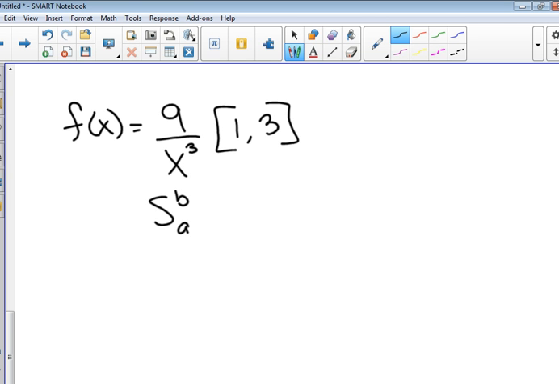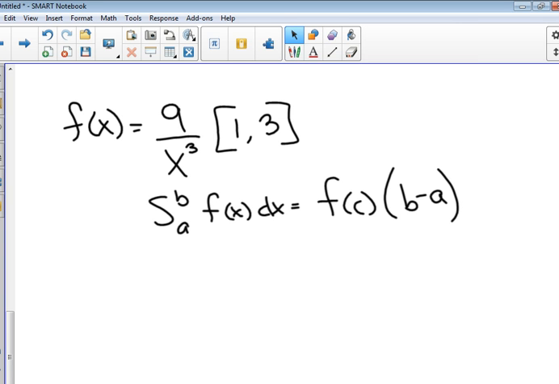See if you can get the value of C. Use this as kind of a guide for your steps. Go through, make sure you do your integration first, and kind of rewrite everything.